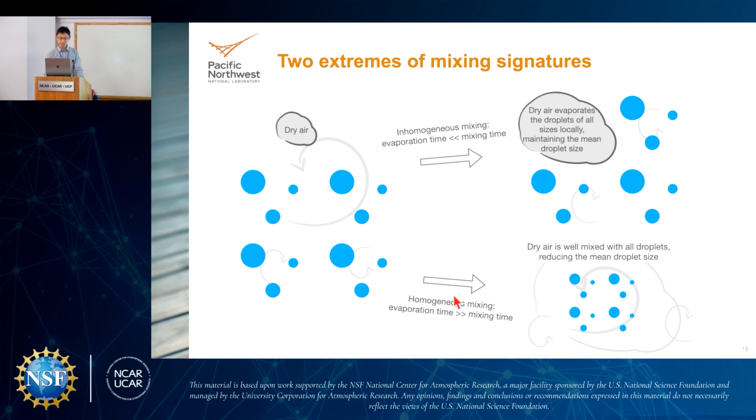But for the other extreme, inhomogeneous mixing, evaporation time is much longer than mixing time. So the dry air can be evenly mixed with the cloud, and we'll see that the reduction in liquid water content is reflected in the reduction of the droplet radius.